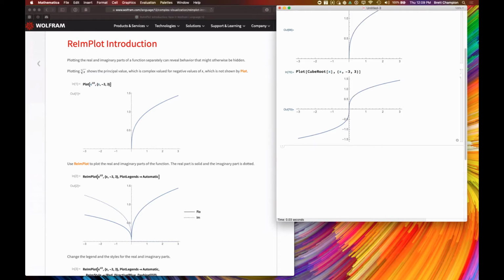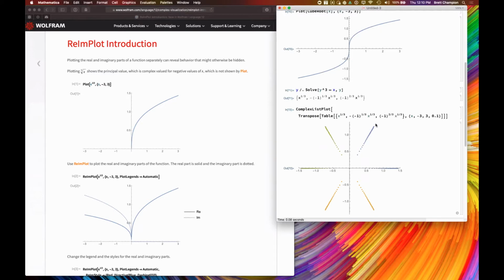So as I was saying, if we solve y cubed equals x, then we get 3 solutions. And if we go back to our ComplexListPlot, what I'm going to do is generate a set of points for each of these solutions, and plot them, and then we see that these are our three sets of solutions.